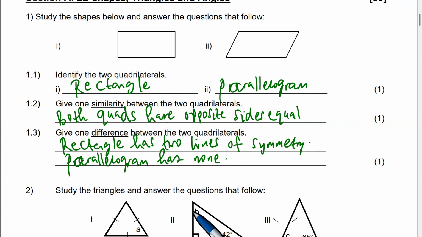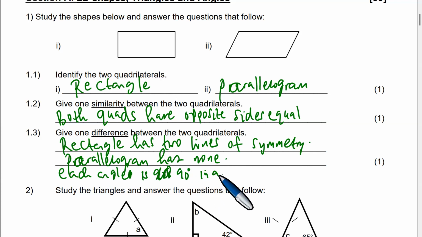So that is one distinction, but also you can note that each of the interior angles here are actually equal, but in the case of this, the opposite angles are equal. So in a rectangle, each angle is 90 degrees.